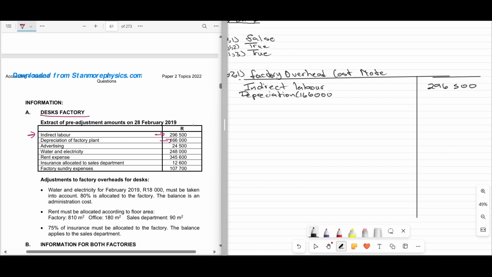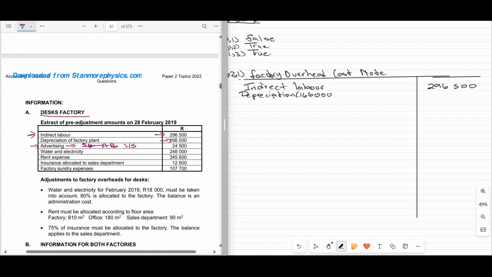So we have advertisement. We record expenses that relate to the factory. Advertisement is not related to the factory. It is for the abridged income statement. We have two expenses in the abridged, which are selling and distribution, and admin. Advertisement is for selling and distribution.